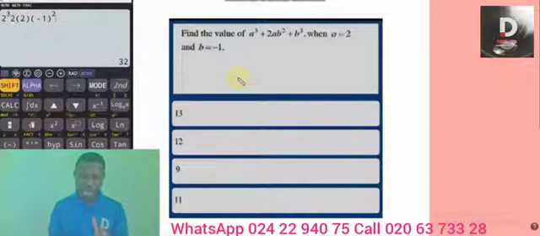Box 2. Arrow to bring me at the center. Plus. So plus B power 3. B power 3. What is B? B is negative. It is more appropriate to put a negative base in a bracket for accuracy. Very important. When you are raising a power and the base is negative or fraction, I'll advise you to put the base in brackets.